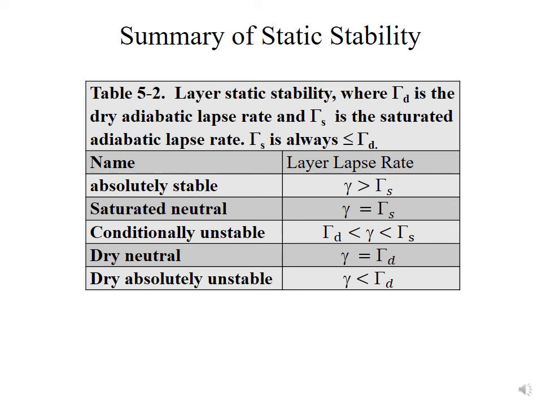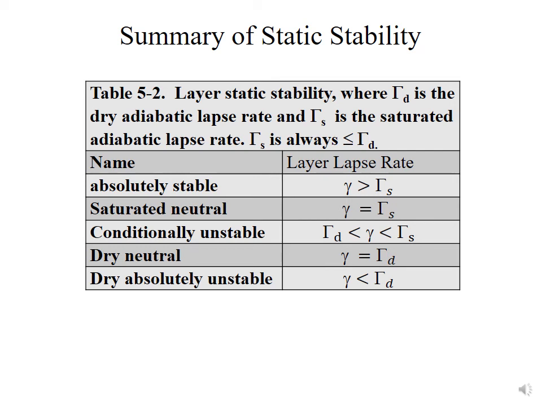The atmosphere would be considered saturated neutral if the environmental lapse rate is equal to the saturated adiabatic lapse rate. We did not do an example of that. It would be conditionally unstable if the atmospheric lapse rate is between the dry adiabatic lapse rate and the saturated adiabatic lapse rate.